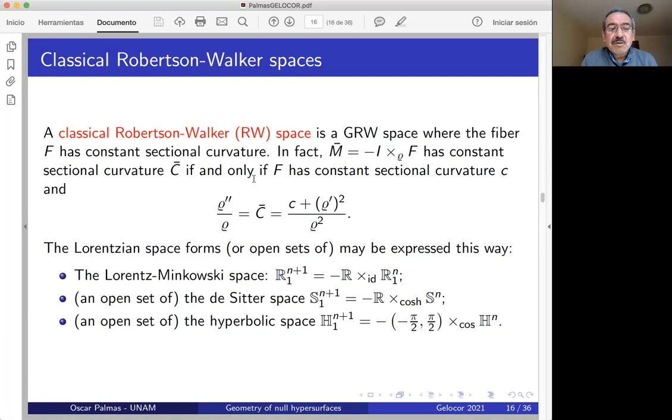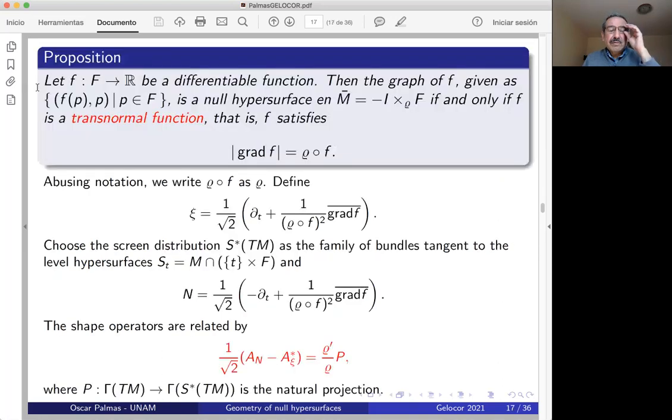And our examples of Lorentzian manifolds, the Lorentzian space forms, may be expressed as this kind of warped products. So what happens in this case?